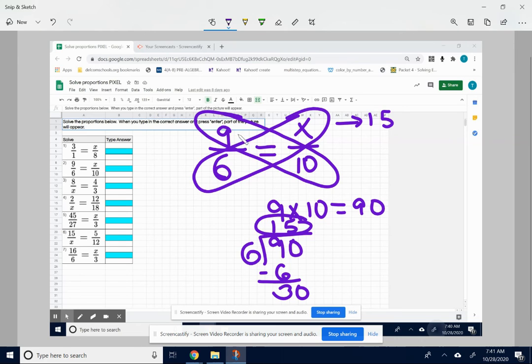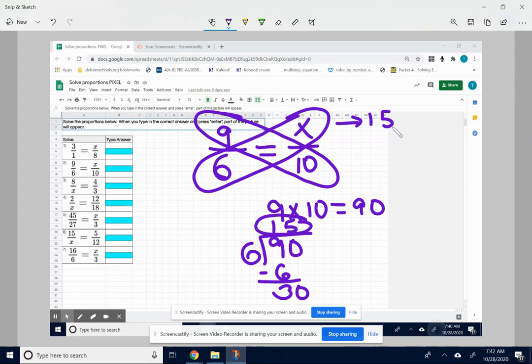So we took 9 times 10 is 90 because we had both of those numbers in that wing. And then we divide that answer by the number that doesn't have a buddy in the other wing. You take 9 times 10 is 90 and divide by the 6, and you get the 15, which is the answer.